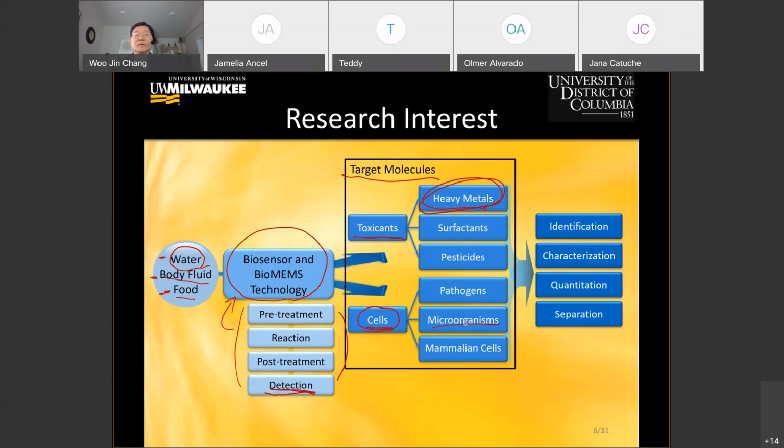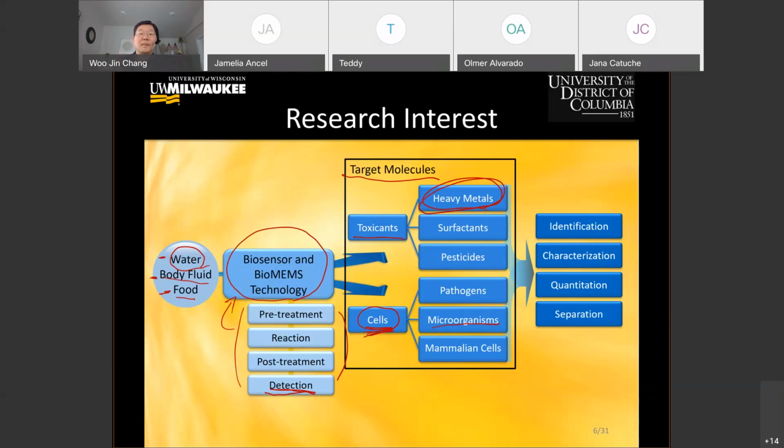And because of that, last year I received a National Science Foundation rapid grant about COVID-19. The COVID-19 pandemic was caused by the virus, and I wanted to develop a method to separate and identify the COVID-19 virus from other nanoparticles and other less fatal viruses.